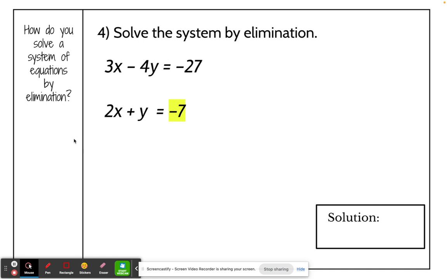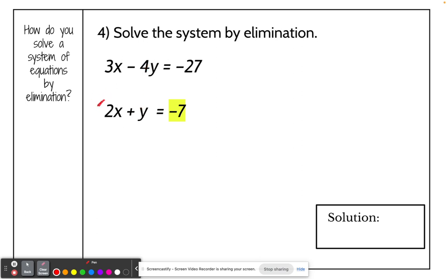Okay, let's look at this. I have 3x minus 4y equals negative 27. 2x plus y equals negative 7. This is highlighted. I'm not sure why. Let's see if we can figure it out. What can I cancel? Well, one thing I like to look for is, do I have a positive and a negative? And I do. I have a negative 4y and a positive y.